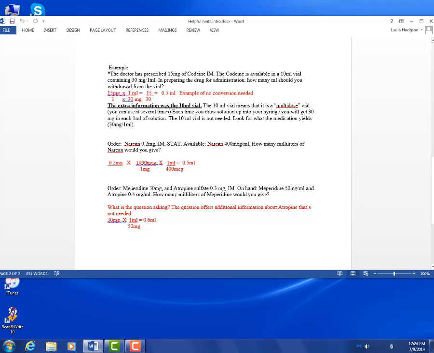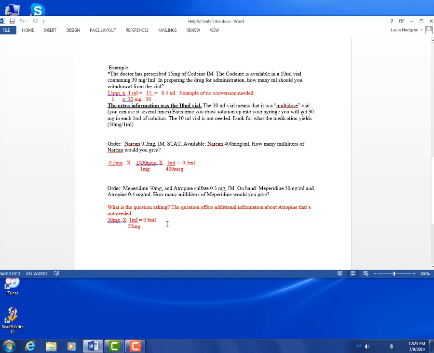So look at the 2 units that you're dealing with. Know that you have to have a conversion in here. So the conversion sits in the middle and it converts what the doctor ordered into what's available. Make sure that you're crossing out all your like units and you're left with what the question is asking you.